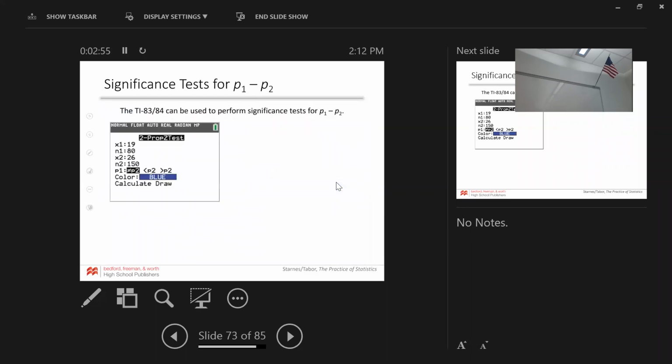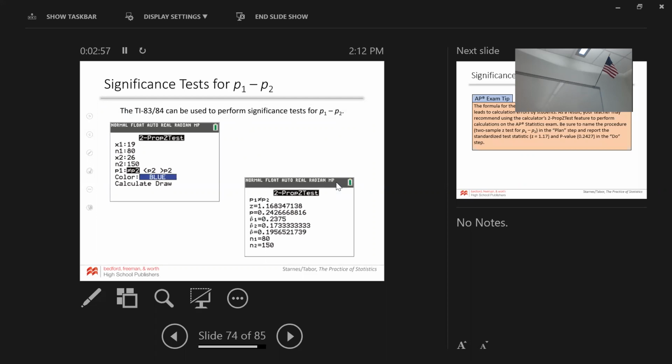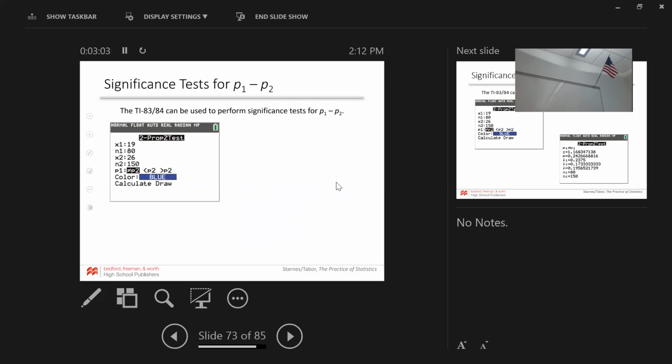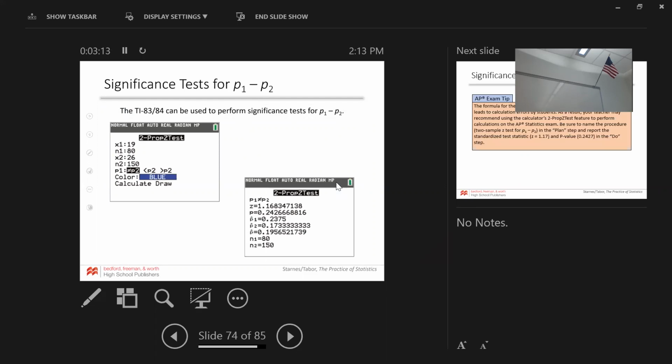And then here's what we did. And what happened? Instead of graphing it, they choose calculate. It's just not as visual. So you got the p-value, 0.24. That's all you care about.